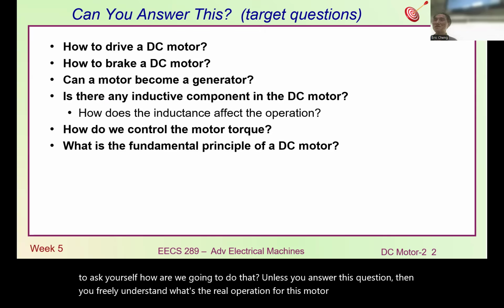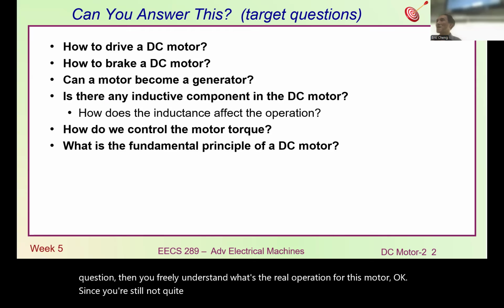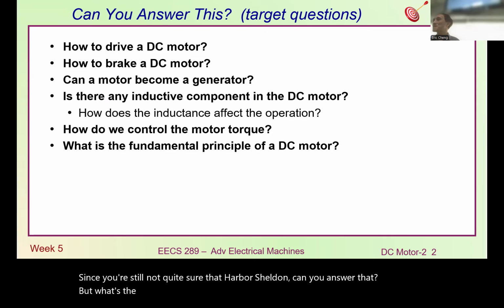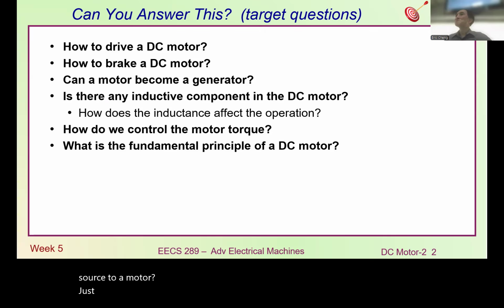Okay? Since you're still not quite sure, how about Sheldon? Can you answer that? About the difference between motoring and braking when you connect a DC source to a motor? I just think if we turn off the power, then the motor will be generating. You don't think about, are we going to turn it off completely?